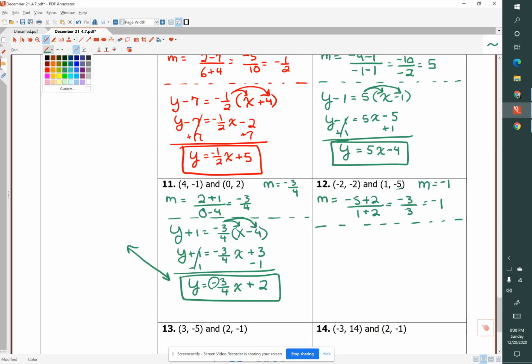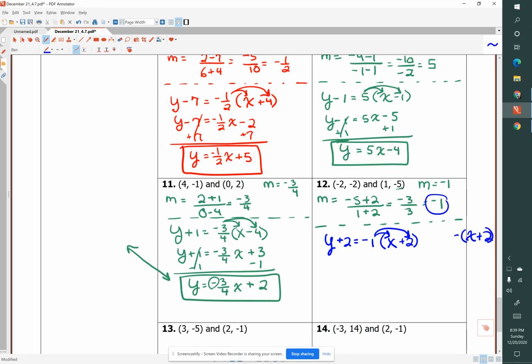Now let me change the color a little bit. We're going to use the point slope form. Y minus negative 2, which is y plus 2, equals negative 1 times the quantity of x minus negative 2, which is plus 2. Just distribute. Now, we could have written the right side of this equation, negative x plus 2.